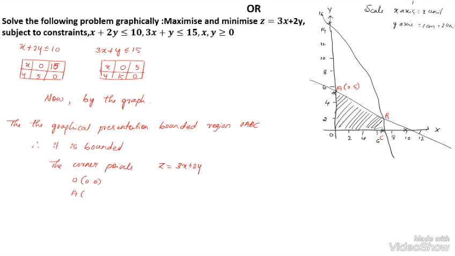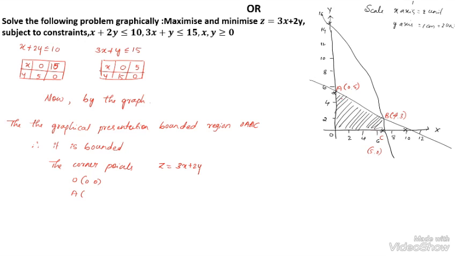Okay, this graph cuts when you take the graphical representation. When you take the graphical region, you will get 4, 3. X is equal to 4 units and y becomes 3 units. Okay. Then C point is here, that is x is 5 and y is 0.